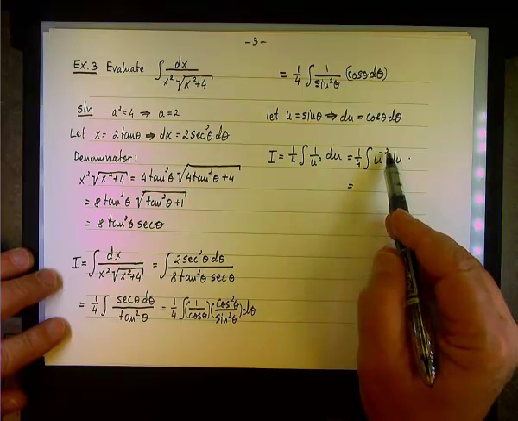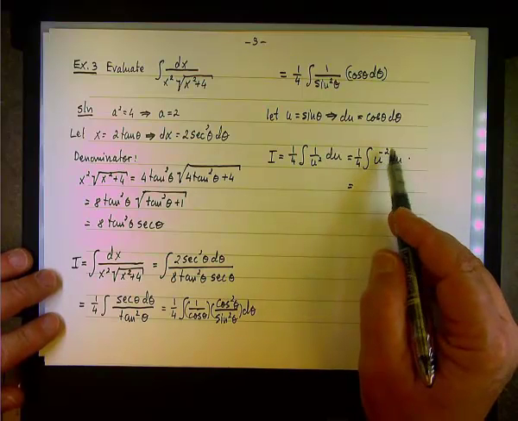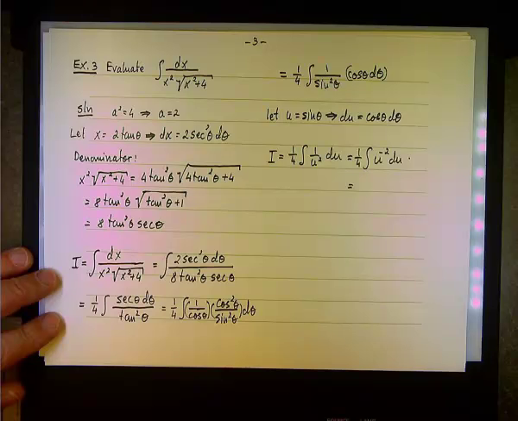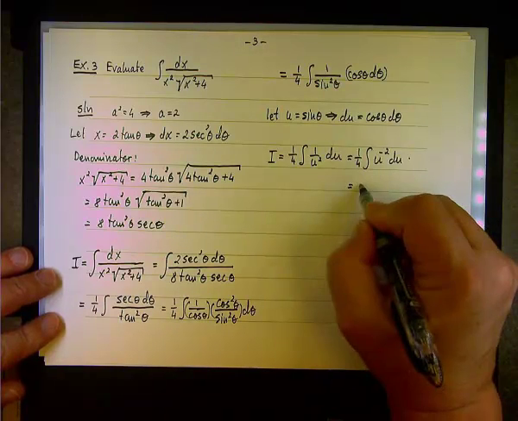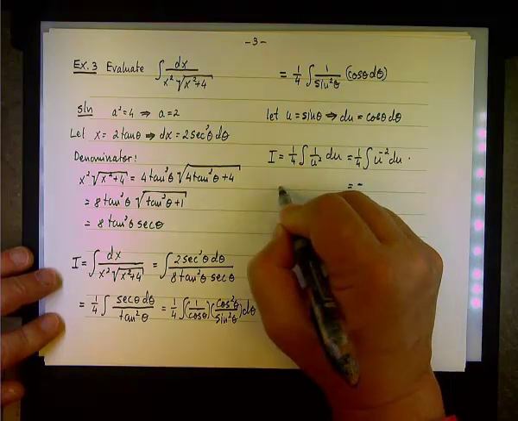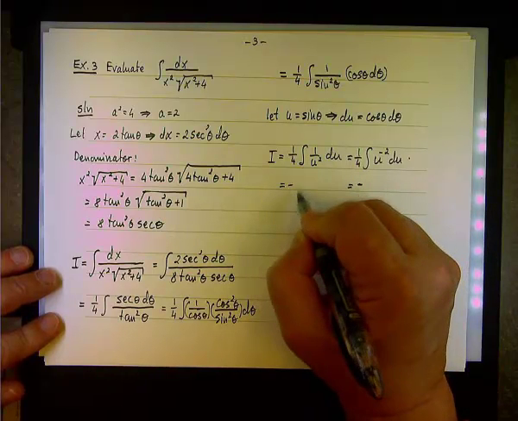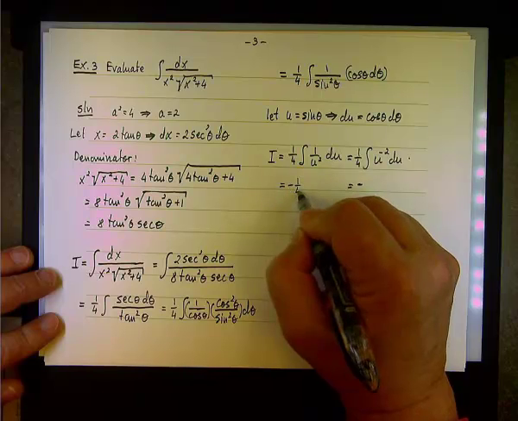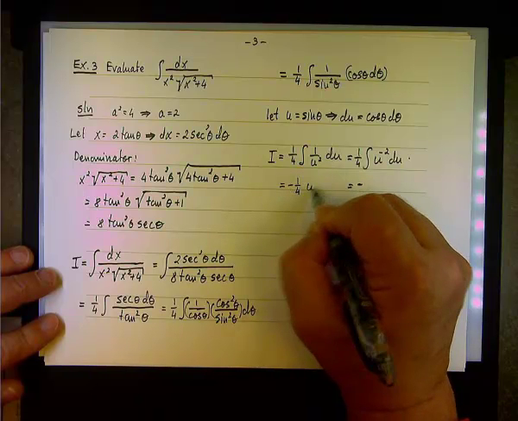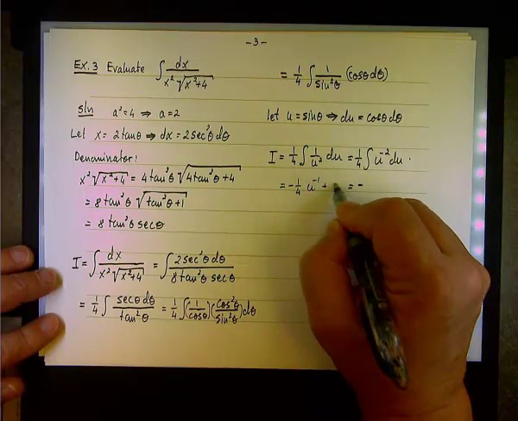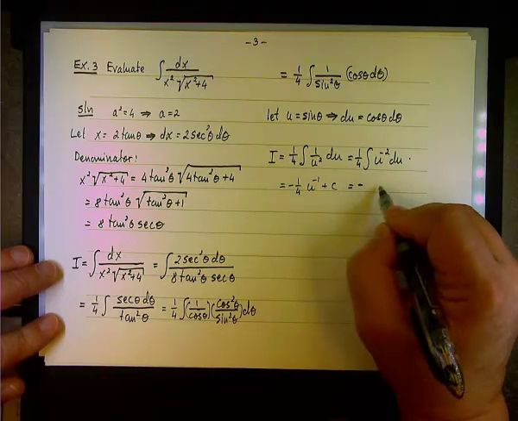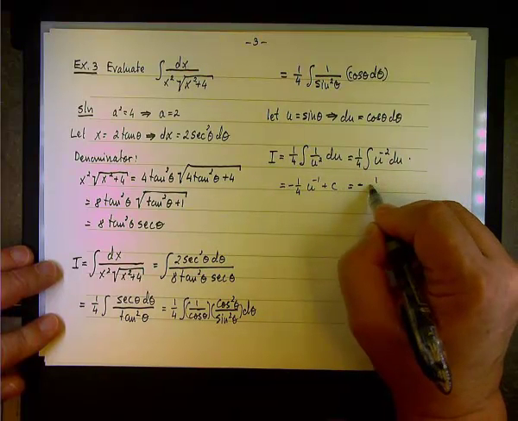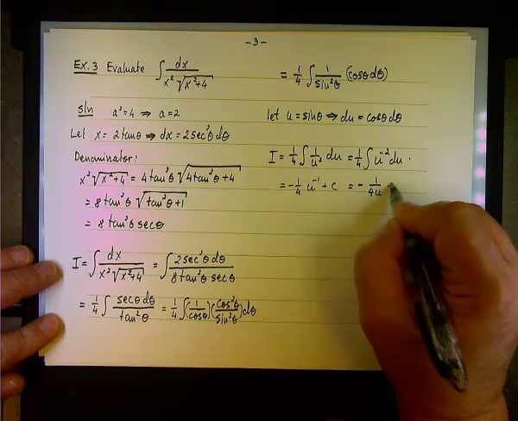The antiderivative of u to the negative 2 is u to the negative 1 divided by negative 1, so it will be negative u to the negative 1. So we have, let's write it here, negative 1/4 times u to the negative 1 plus C, and we'll write it as negative 1 over 4u plus C.